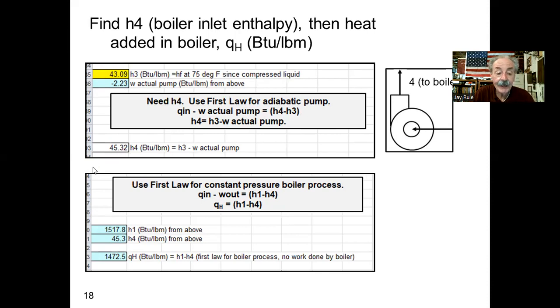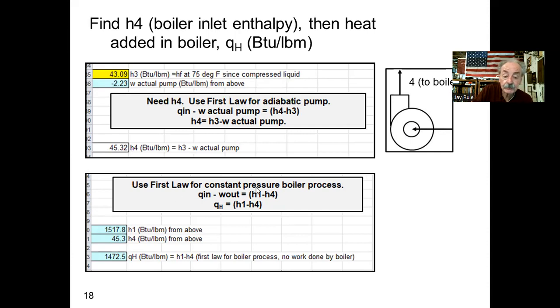So there's H4, that's going to be the inlet enthalpy to the boiler. We've got to do that. There is no other way to get the enthalpy going into the boiler other than doing that analysis of the pump first. Now on to the boiler.